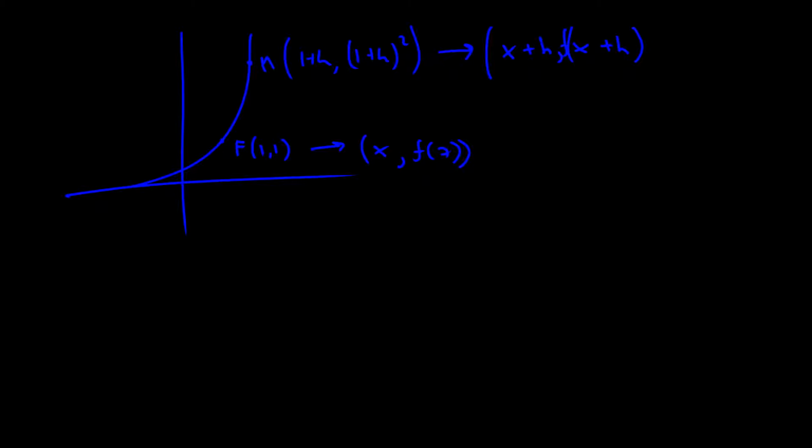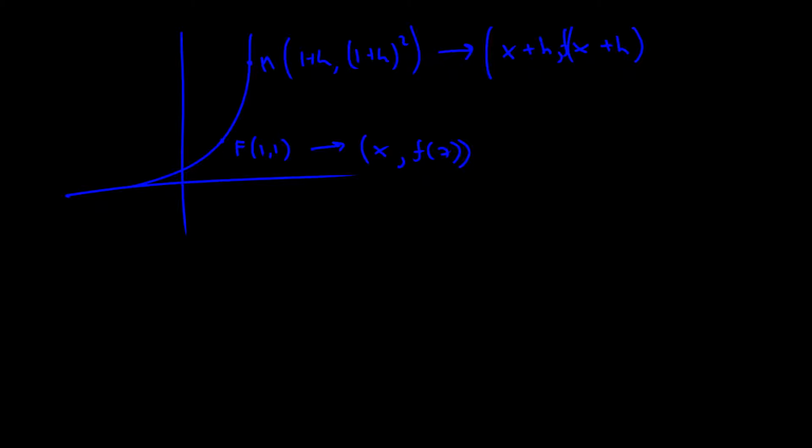What we end up with ultimately is a general rule that can be followed. So we want to find the gradient of the tangent to the curve y equals f of x. Well, let's go ahead and work this out just a little bit.